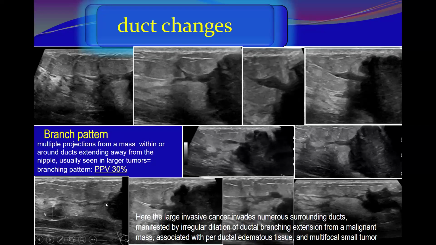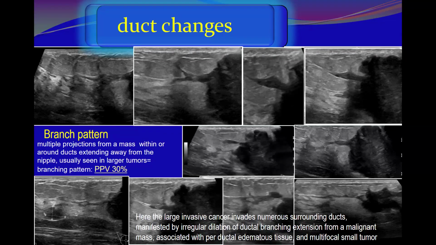If you could not see even the ducts, but you can see small satellite nodules adjacently, this most of the time represents ductal extension.